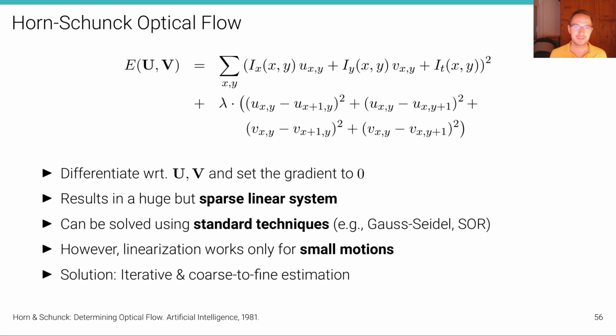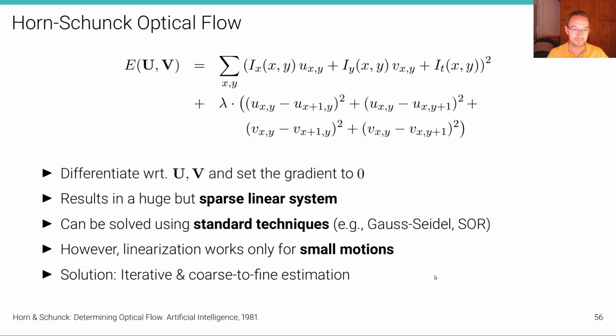Now the solution adopted in the optical flow community to make it work also for larger motions is to iteratively linearize: compute an estimate for the optical flow, then warp the images, re-linearize and compute another estimate for the optical flow. And so you can overcome this problem of nonlinearity a little bit by doing this step iteratively.